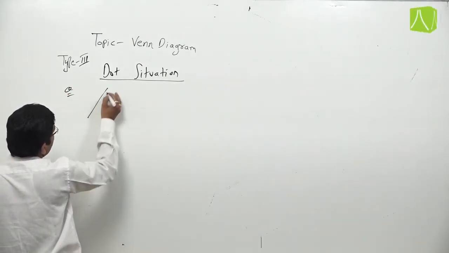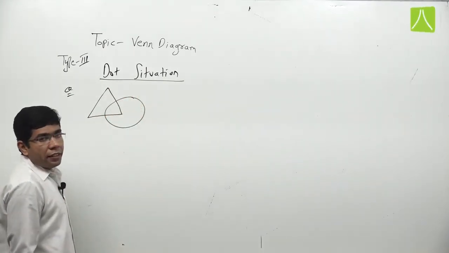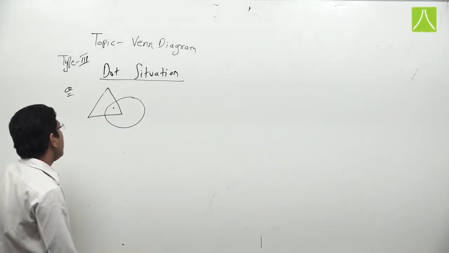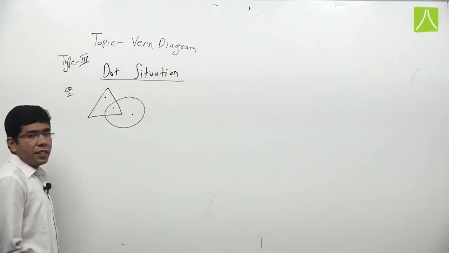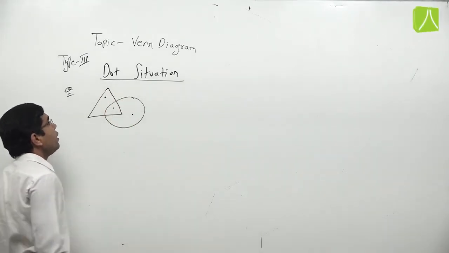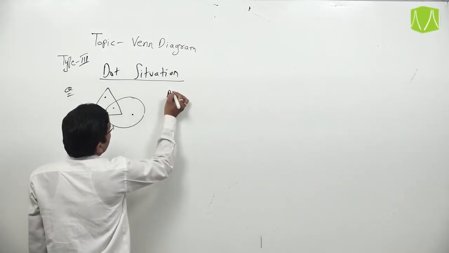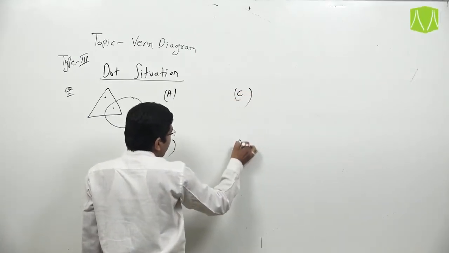Suppose this is the figure, and there are three dots. One is in the common part of both, one is in the single part of the triangle, and one is in the only circle part. Now we have to find the answer from the given 4 options.